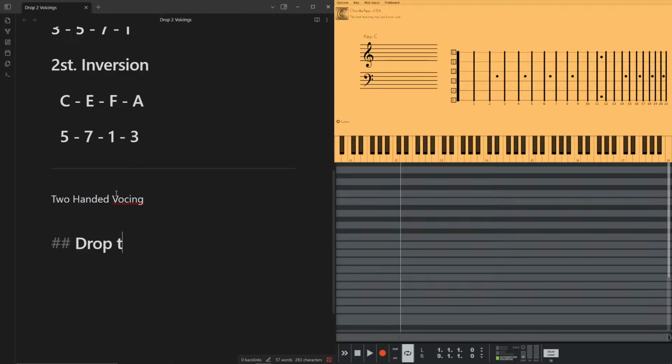Drop the 2. Second highest note of our chord.